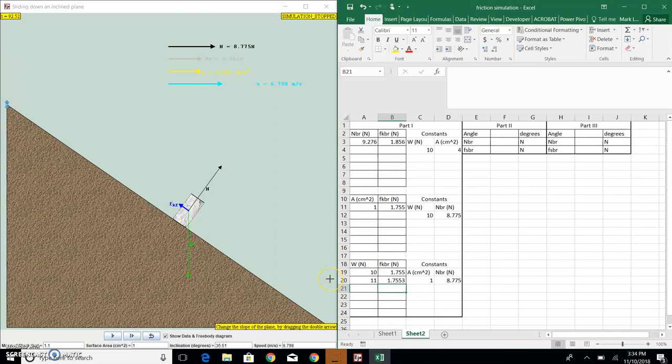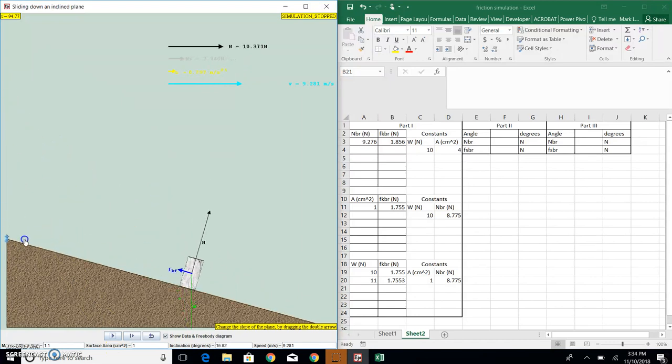Okay. Then in part 2, what I want to do is I want to figure out the maximum angle that I can have so that the object doesn't move on me. So you can see right now that if I were to pick this up and put it here, it starts sliding on me, so that angle doesn't work. I'm going to have to find the angle that doesn't slide on me anymore.